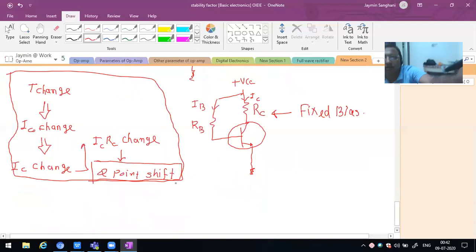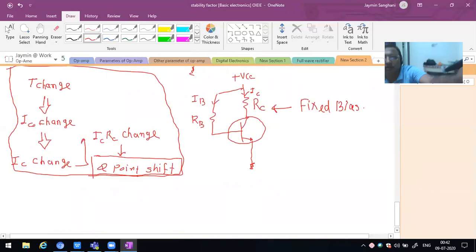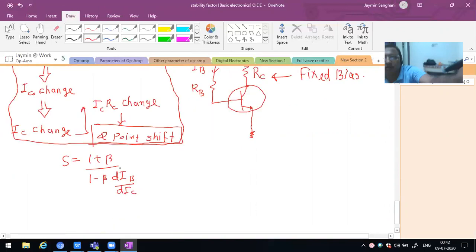Now, due to this Q point shift, in this particular circuit there is no extra additional circuit connected in the expression S equal to (1 plus beta) divided by (1 minus beta dIB by dIC). What is the meaning of dIB by dIC? The change in base current with respect to collector current.